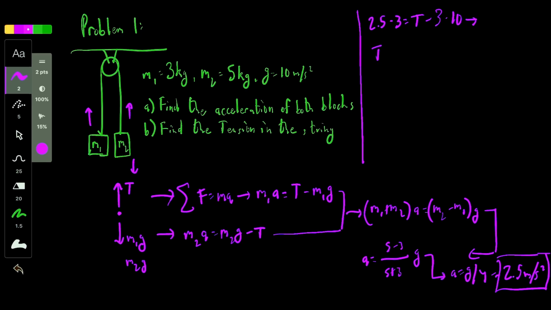This is going to be tension is equal to 7.5 plus 30, or 37.5 newtons. And if we plug this into our other equation, that will also work for our answer. So that's our first problem done, and let's move on to our second problem.